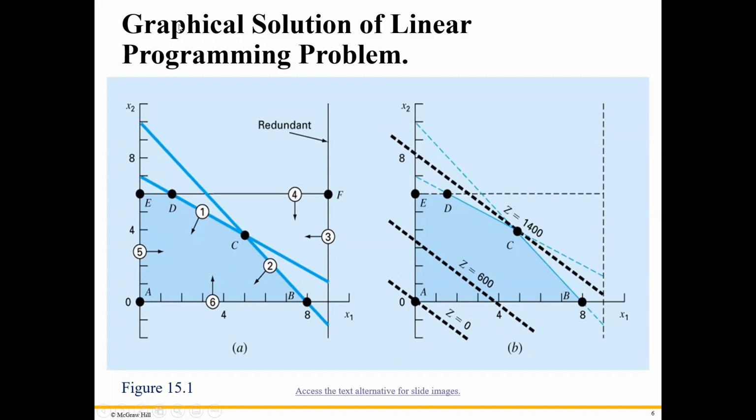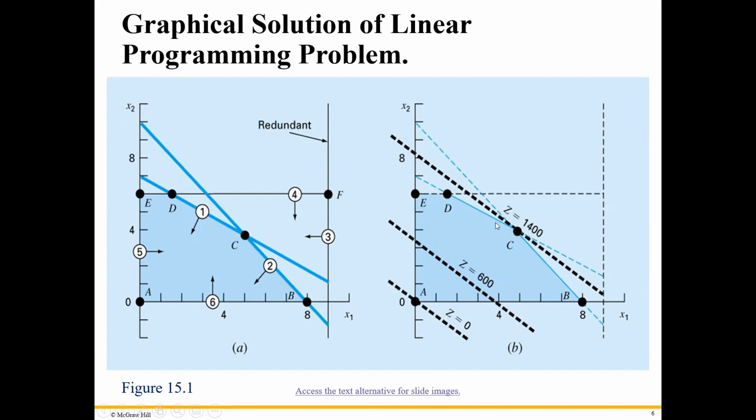And how do we determine that this is the point which is giving us the optimized solution? It is because the curve for the objective function is only intersecting the boundary of this feasible region at only one point.